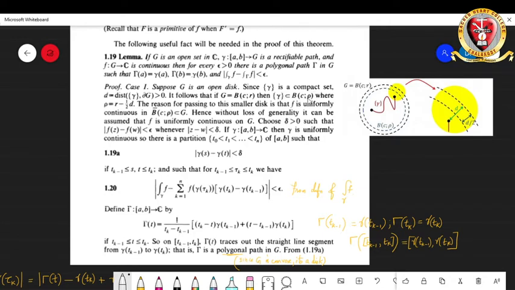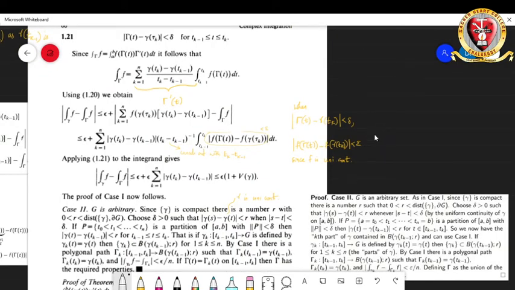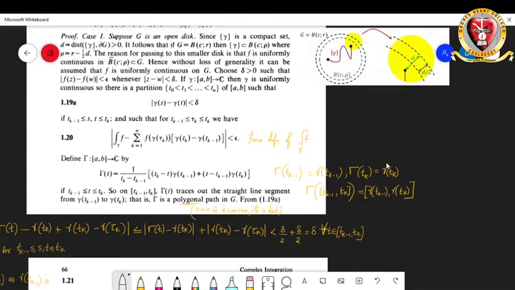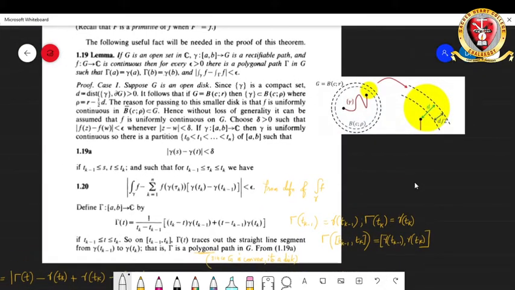And what is this rho? If this is R, we know that there is a distance here.